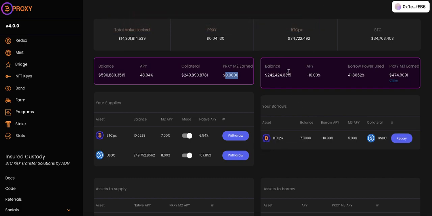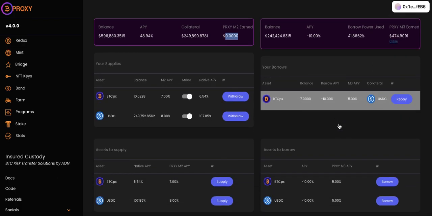Here at the top, you see the summary for their borrowing. They have a total borrowing of 242,000. They're paying 10% in interest. Their borrowing power of 41% is based upon how much they've supplied in total, and the reward for borrowing is denoted here, and they can claim by clicking this button.